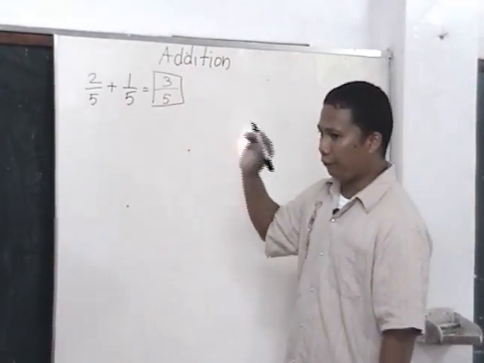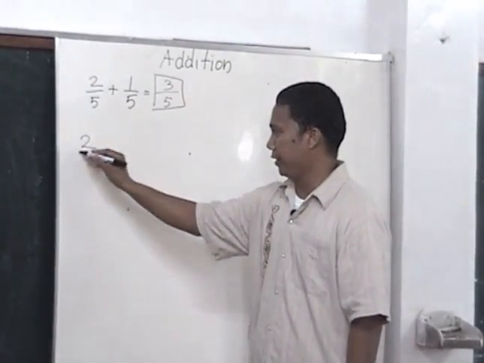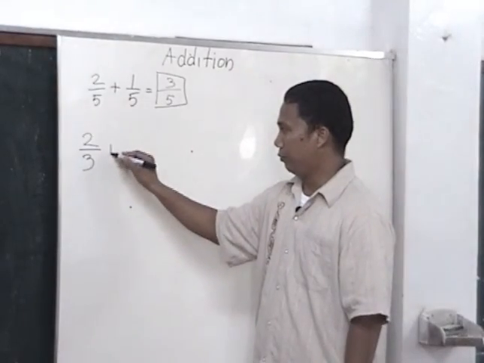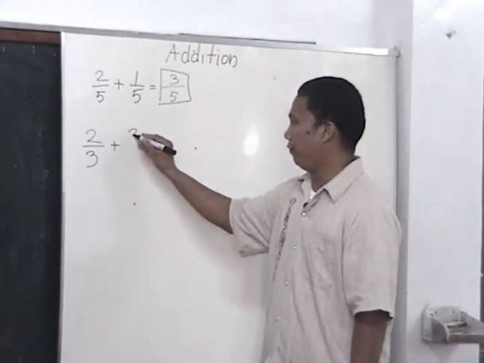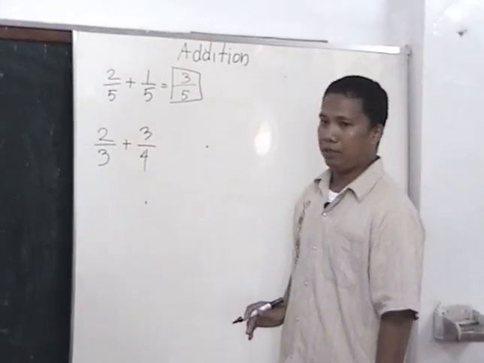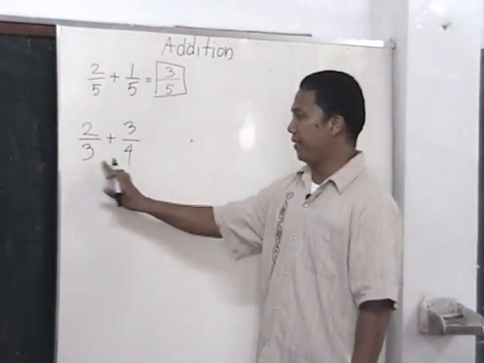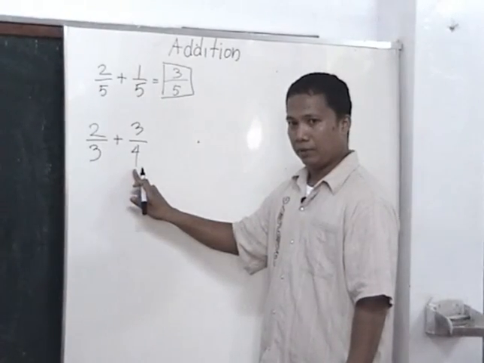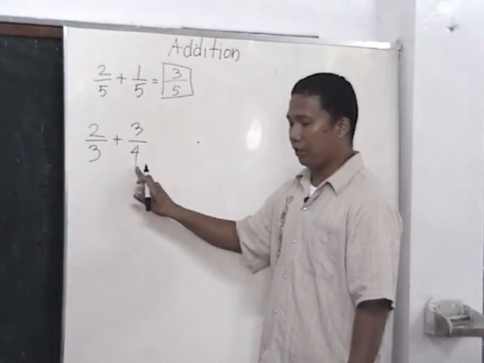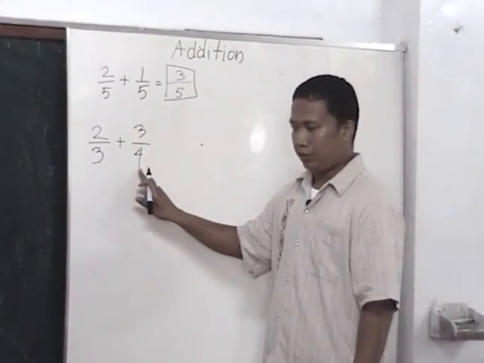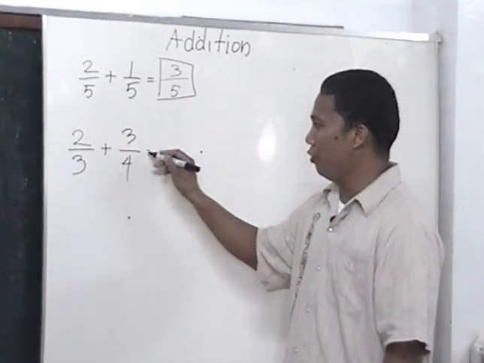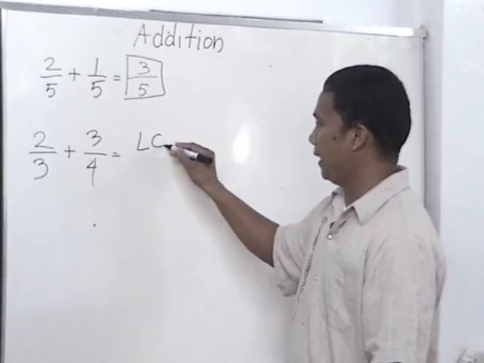How about if we are adding 2/3 and 3/4? This is a special case because we have 2 denominators which are different from each other. So based on this, we have to look for the LCD.